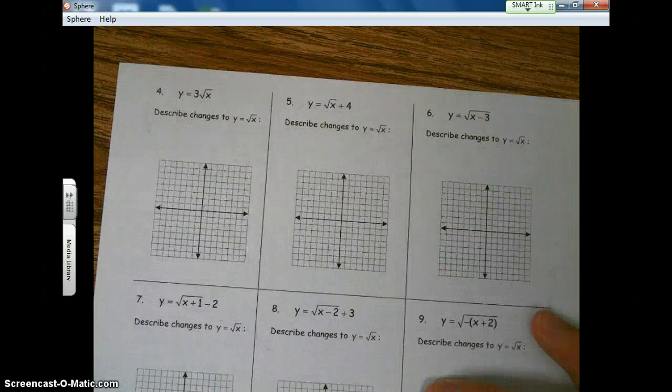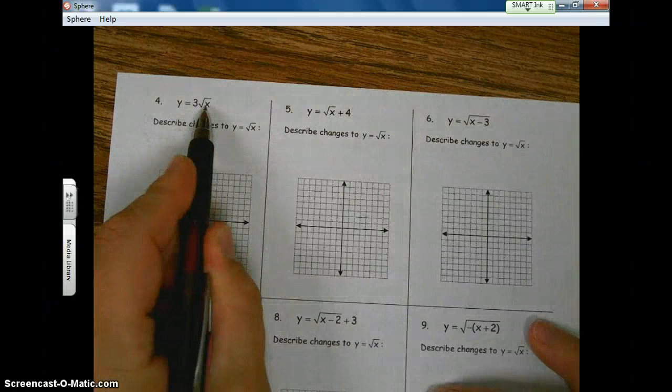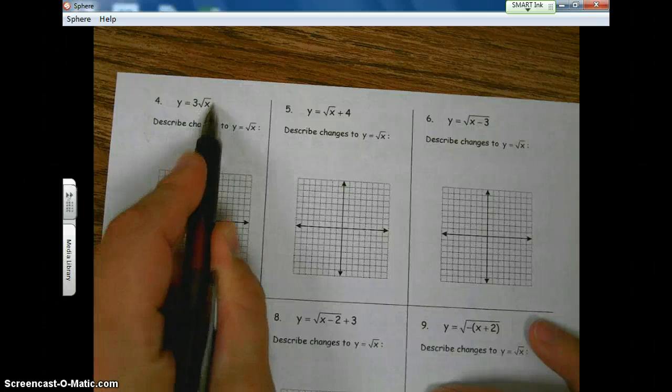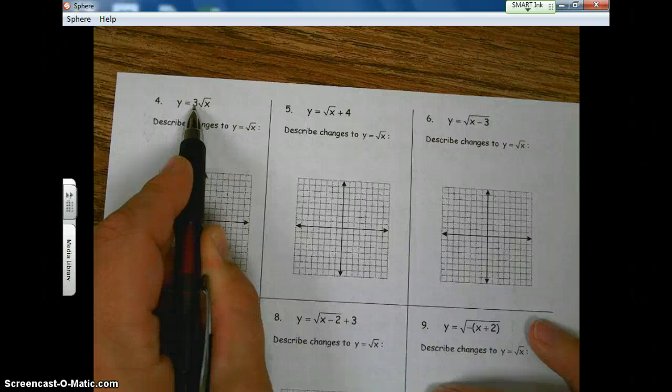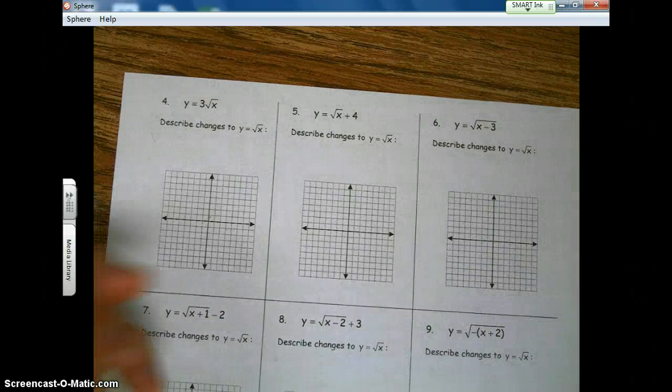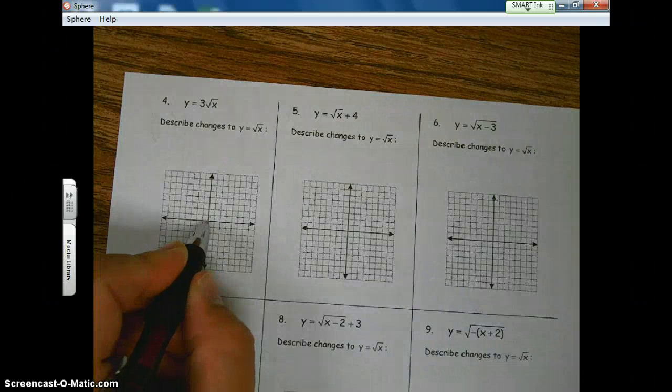Okay, so let's look at some problems on the back. Here we have 3 times the square root of x. Here's our function, square root of x. We're multiplying it times 3. So we're taking each y-coordinate and multiplying it by 3.